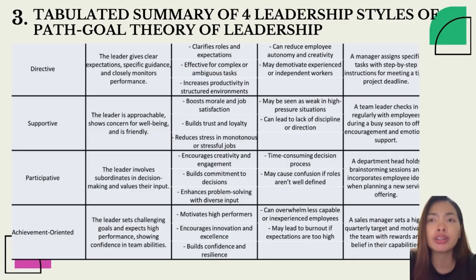Next, supportive leadership. Pros of it are that it boosts morale and job satisfaction, builds trust and loyalty, and reduces stress in monotonous or stressful jobs. The cons: it may be seen as weak in high-pressure situations and can lead to lack of discipline or direction.